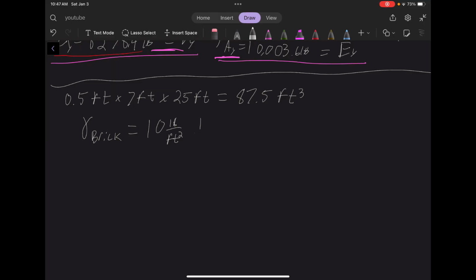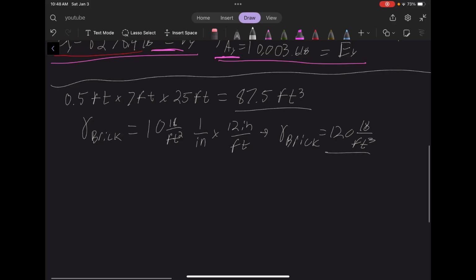I know, really weird, but it was 10 pounds per foot squared per inch times 12 inches per foot. Again, running through the conversion real quick, you get that for the brick, the unit weight is 120 pounds per foot cubed.